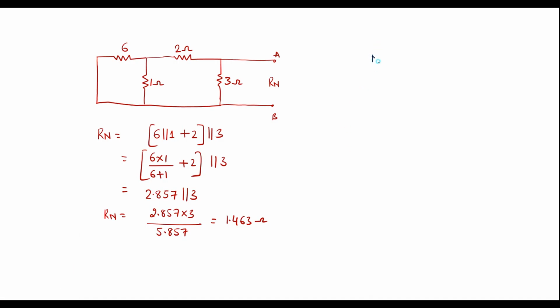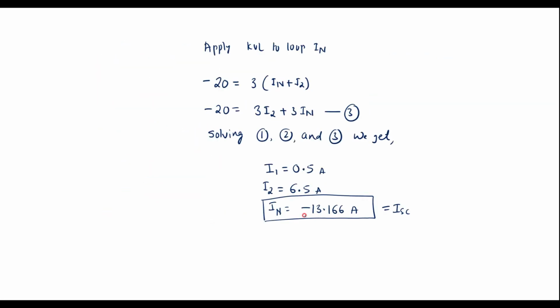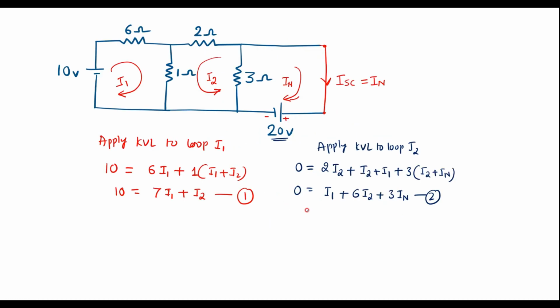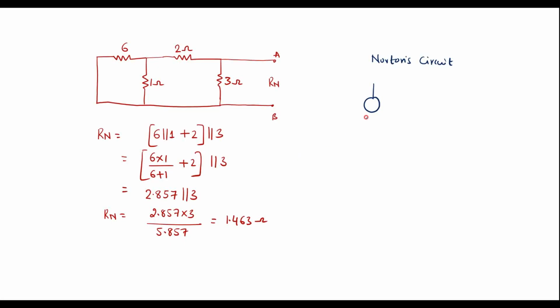Now let me draw the Norton's equivalent circuit. Here we can see that IN is negative. It means that here we have shown that current IN is flowing from A to B. The value of IN is negative, which means current is flowing from B to A. So let me take the current in the downward direction.